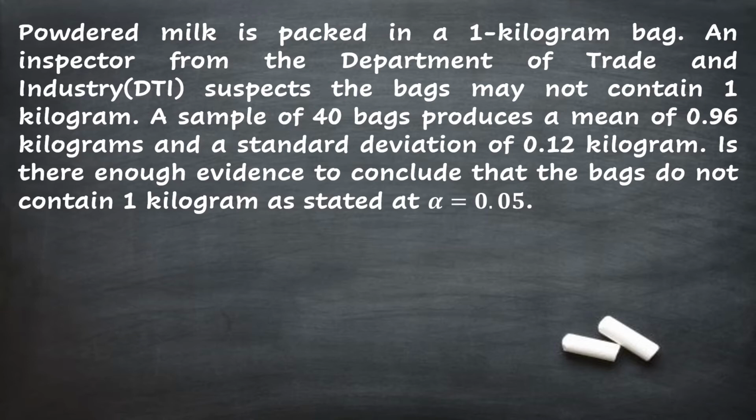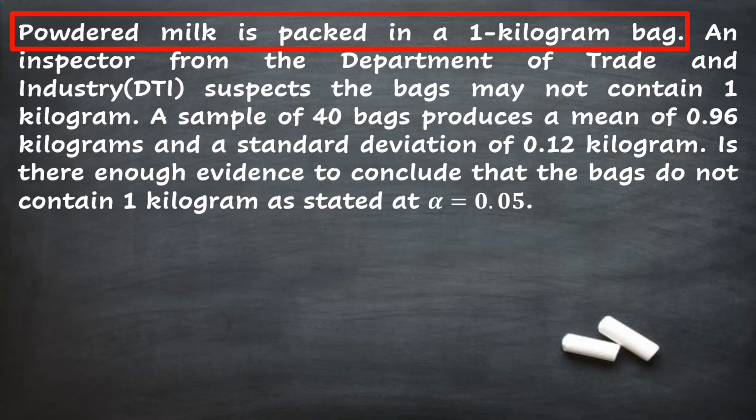Next is to find hints or clues for us to formulate the null and alternative hypotheses. So the first statement states that powdered milk is packed in a 1 kilogram bag. As you can see, it is the same with the previous word problem, this statement imposes a factual statement or a general truth. So we consider this one as our hint. Next sentence. We have an inspector from the Department of Trade and Industry, or DTI, who suspects that the bags may not contain 1 kilogram.